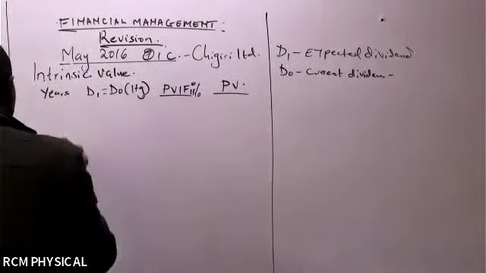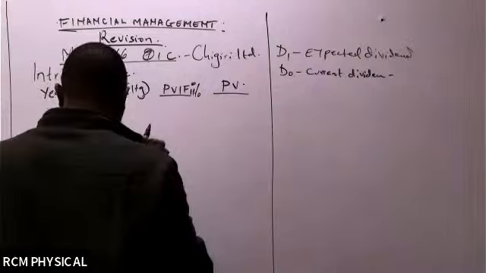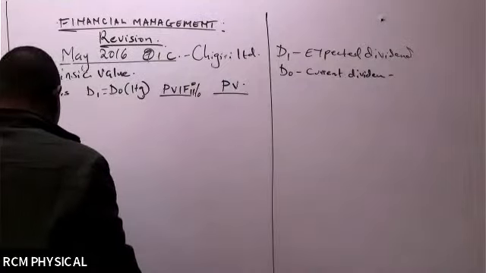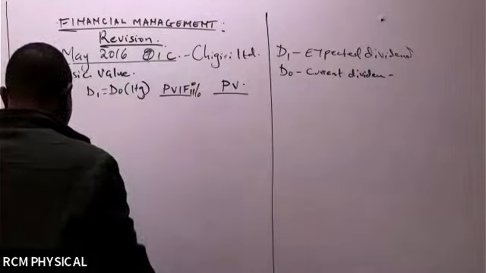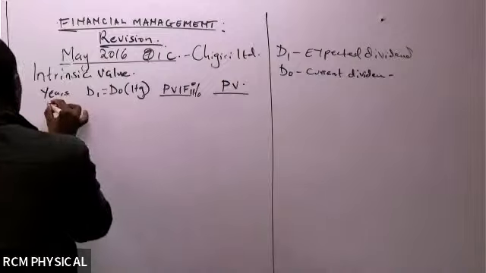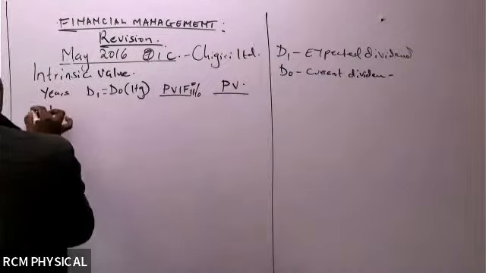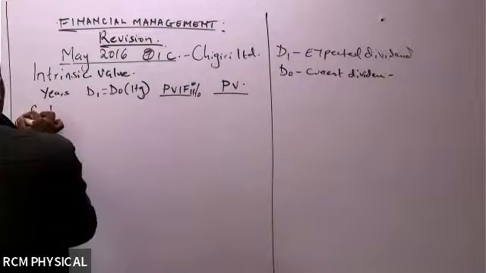So I've been told that this dividend is expected to grow at a rate of 15% per annum for 2 years. So year 1, year 2, the dividend will grow at a rate of 15%.